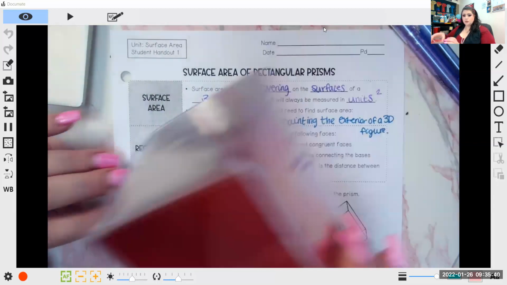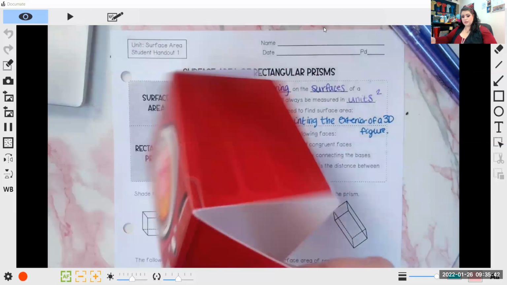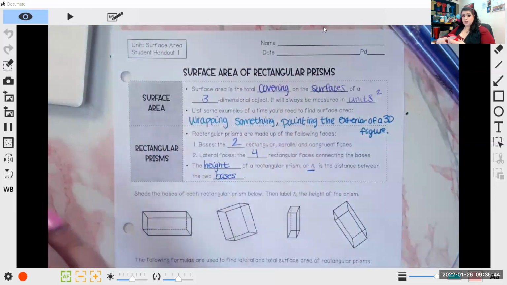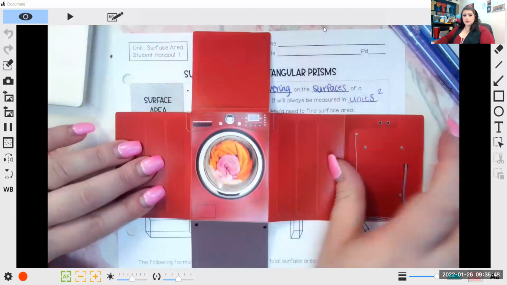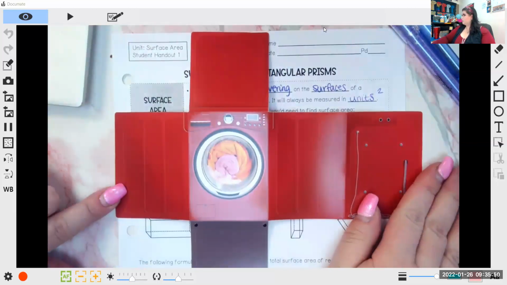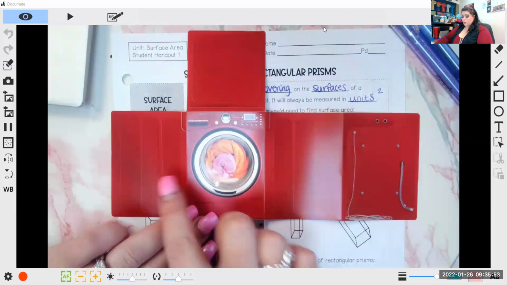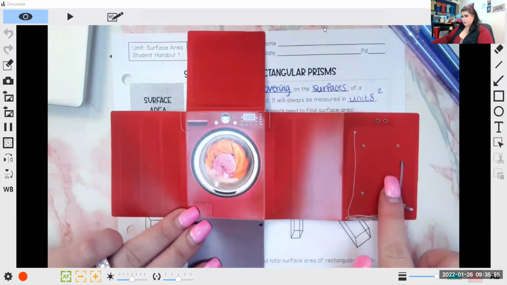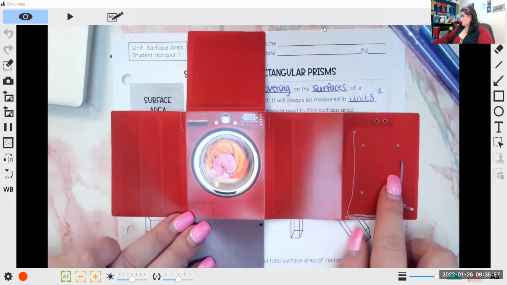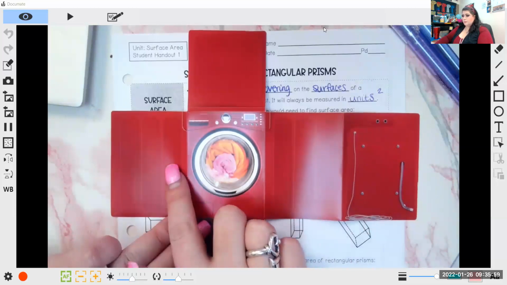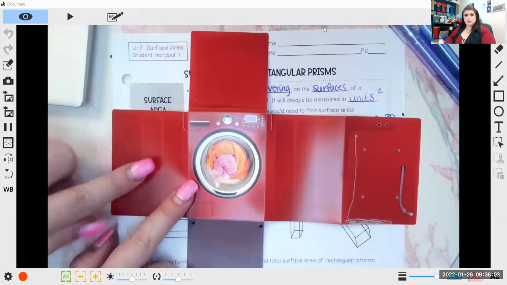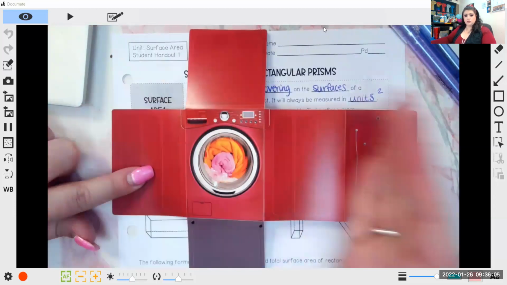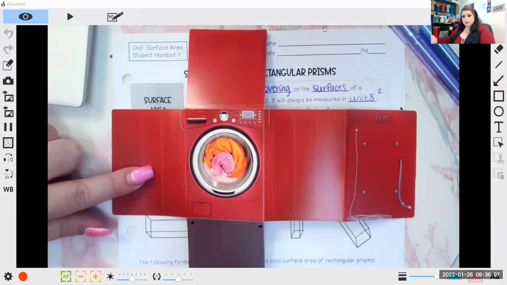Now, to show you a little bit better, that's a 3D figure, yes? But if I take it out, I now have a 2D figure. So I have four rectangular faces. These are my lateral faces. And then I have two bases. So this is now a 2D figure once I unfold it and I have just the surface.